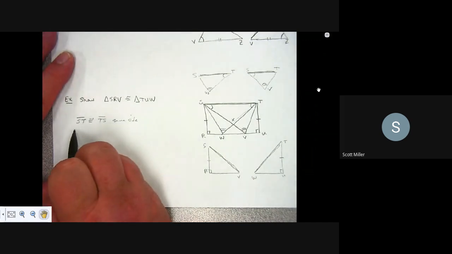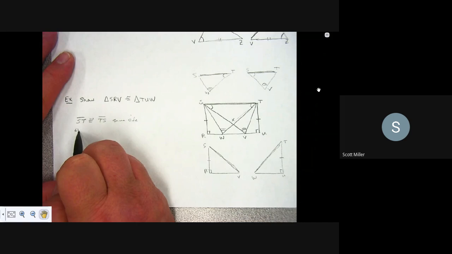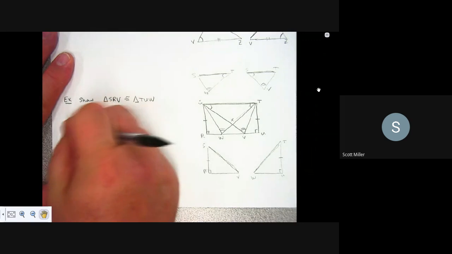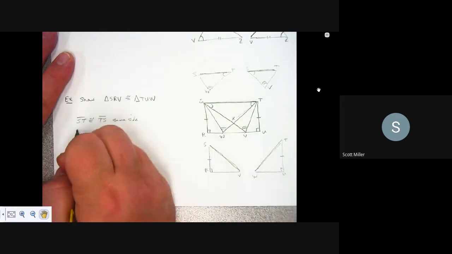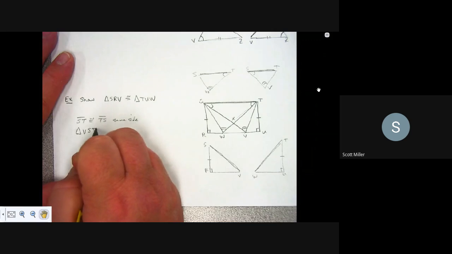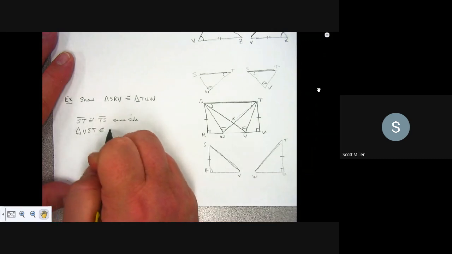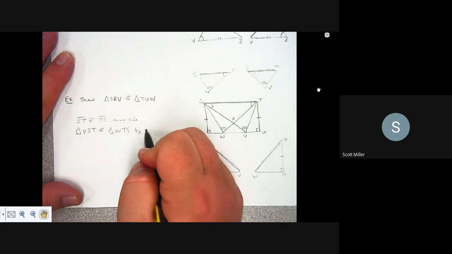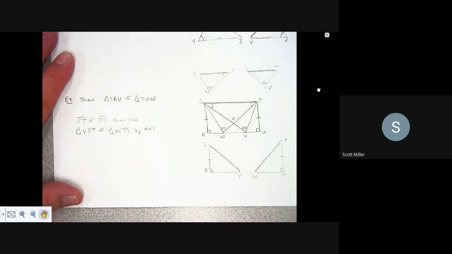We have angle W. Let's use the full letter, I guess. You know what? Based off of what I see over here, we'll just go right to the triangle. So triangle VST will be congruent to triangle WTS by two angles and the side.